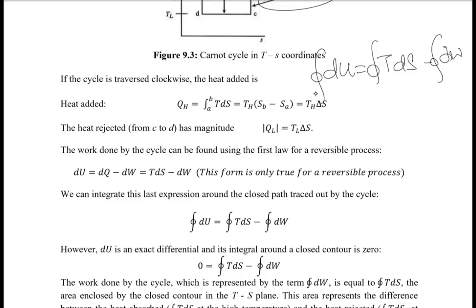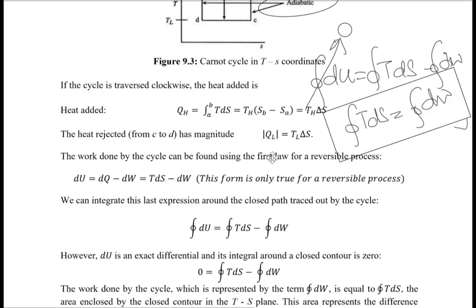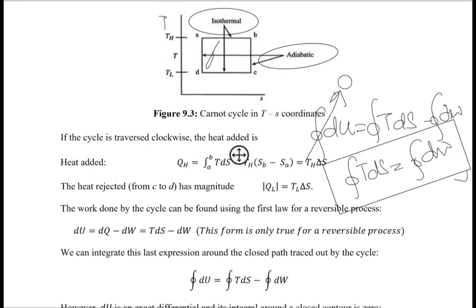For a cyclic process, the change in the internal energy, which is a state property, would be equal to zero, as there would be no change in the initial and the final state of the system. So we will now have the cyclic integral of TdS equal to dW. So that means the area enclosed in a TS diagram is equal to the work done in a system.